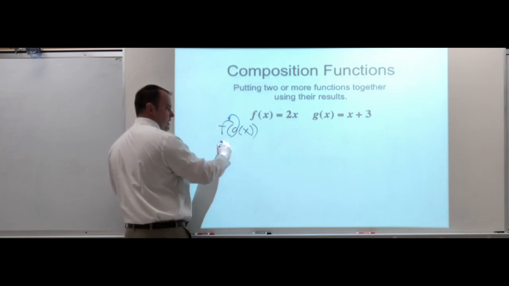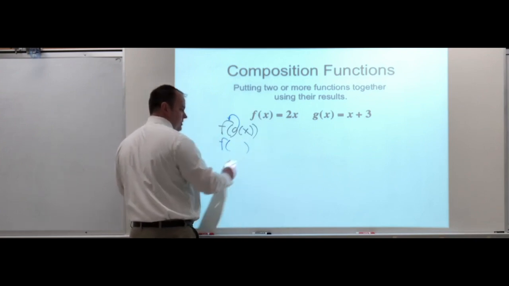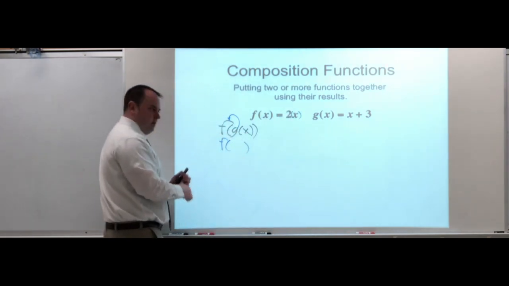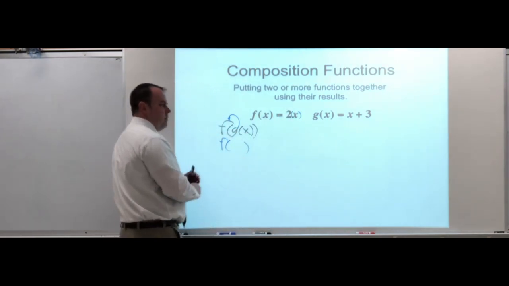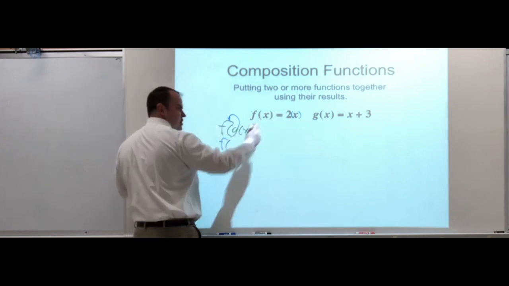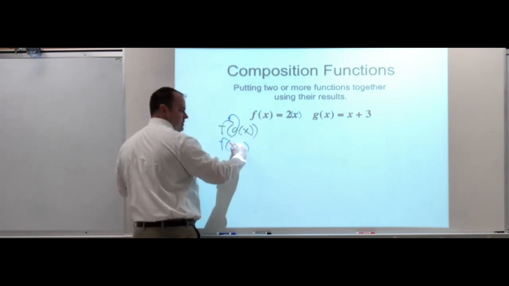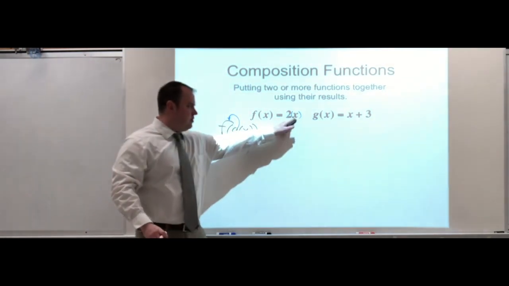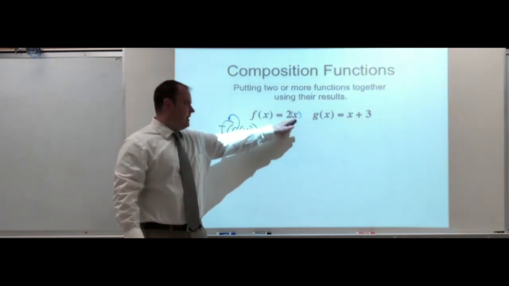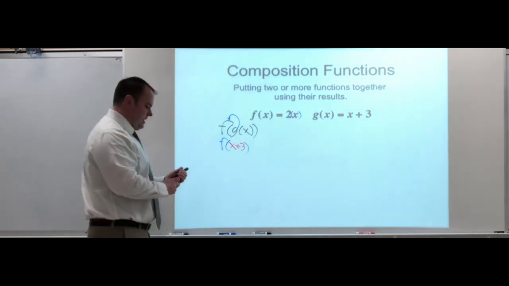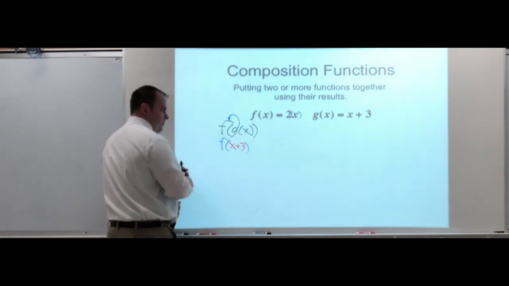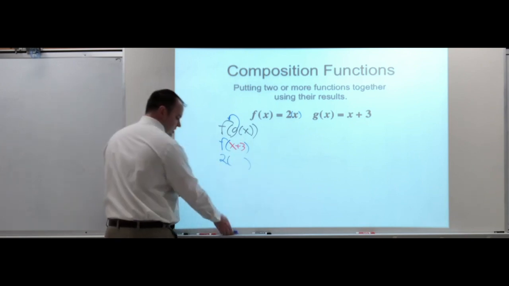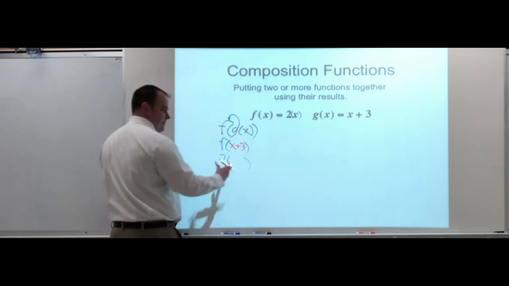So really what we're doing is taking the f function and having something plugged into that x, which is what we did with the value before, but now it's going to be that g, which is x plus 3. We're taking that whole value and plugging it into that set of parentheses right there. So what we're going to have is 2 with our parentheses and then the x plus 3.